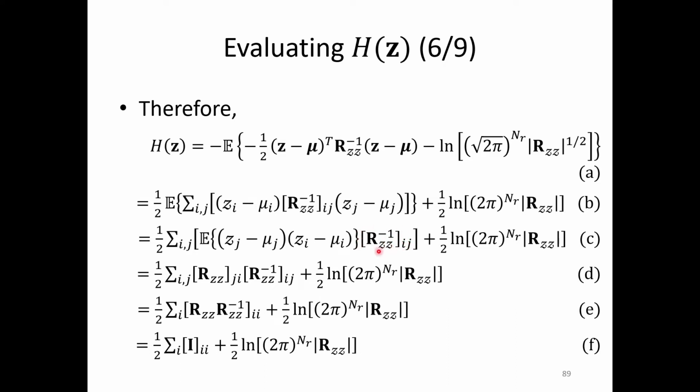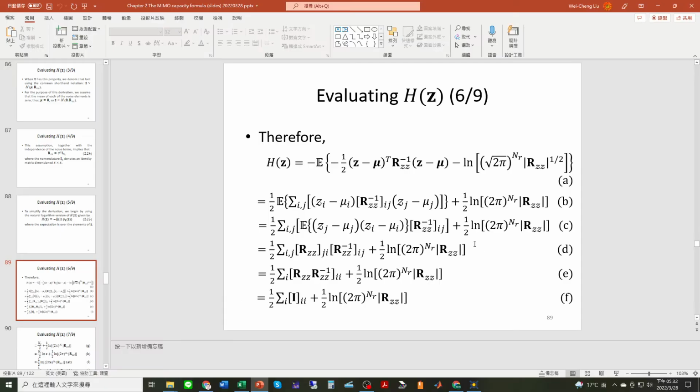Please note that this term is out of the expectation. Plus 1 over 2 natural log of 2 pi to the power of nr times the determinant of Rzz. So let us see how to derive equation C here.